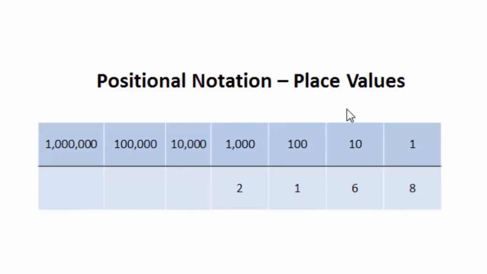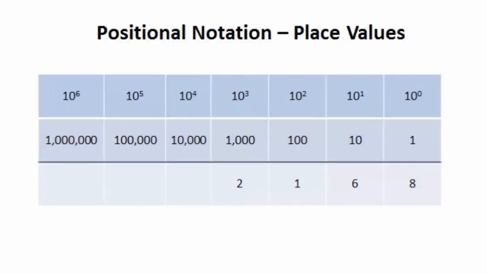Now, when we're talking about the place values in the decimal number system, we're talking about the powers of 10. You can see that the ones place is 10 to the 0, the tens place 10 to the 1, the hundreds place 10 to the 2, or 10 times 10, which is 100. The thousands place is 10 to the 3, or 10 times 10 times 10, and so on and so forth.